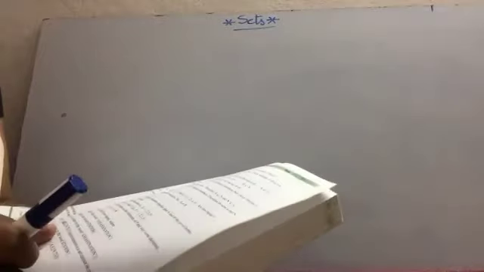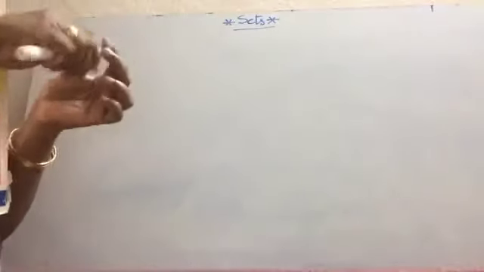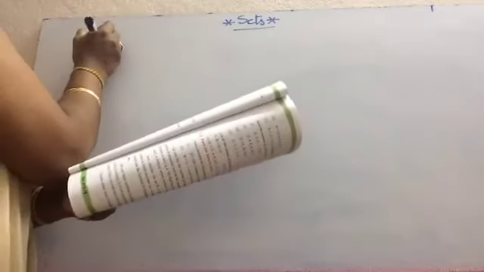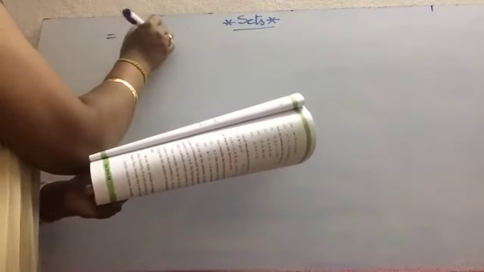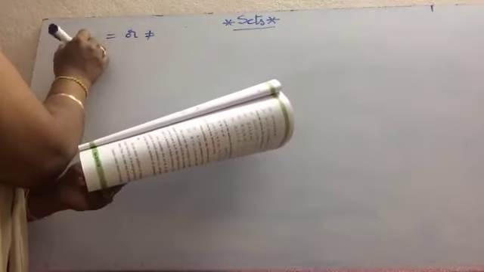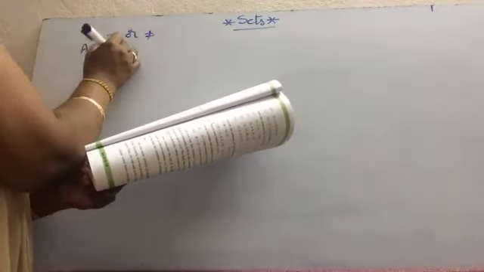And next problem. Consider the following sets and fill up the blanks with equal or not equal. First one, A equal to {1, 2, 3}.